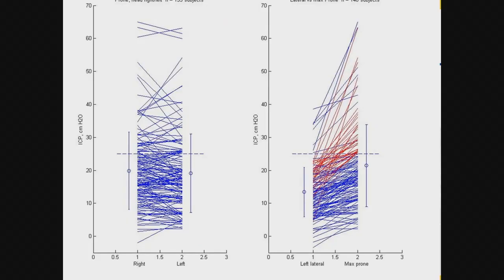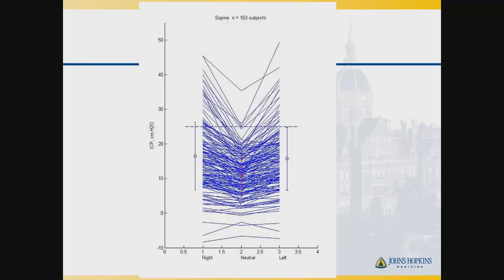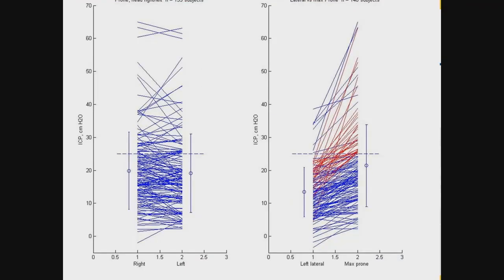This is a very interesting sub-study that we did where we checked, ignore the left side of the graph, just focus on the right side, where we checked pressures with patients lying on their left lateral position with a catheter and then lying prone on their stomach. And as you can see, in the vast majority of patients, the pressures go up quite significantly.